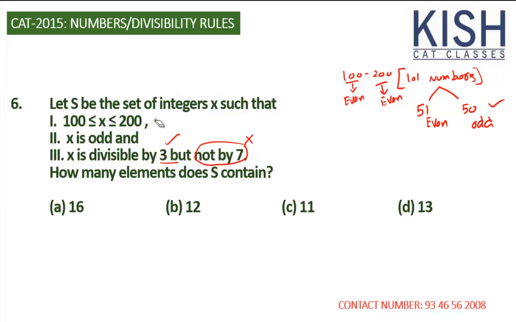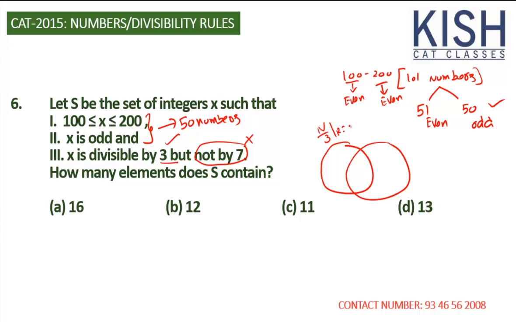So the first two are completed. Here we have these 50 numbers. The next task is to find how many of them are divisible by 3 but not by 7. It's a simple task. You just need to draw a pie chart here, not a pie chart, a set theory diagram. That's very easy. Now, this is n divided by 3, the remainder is 0.